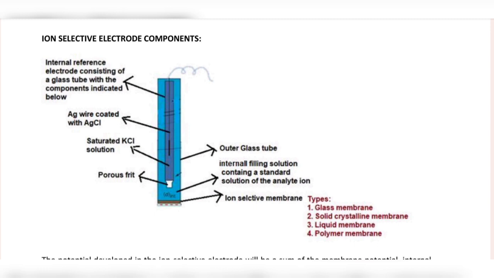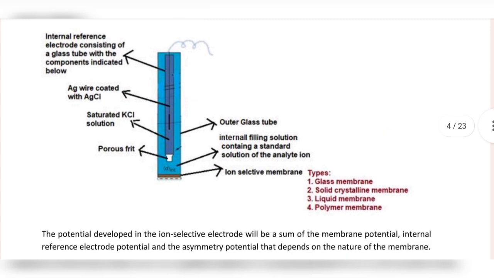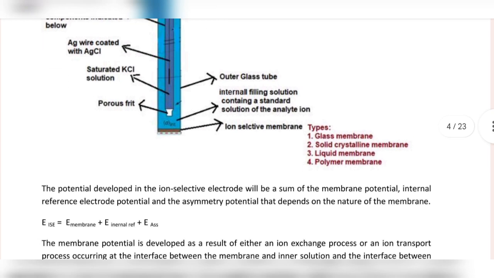If the ion selective membrane is made up of glass, that type of electrode is called a glass membrane ion selective electrode. If it is solid crystalline type, it is called a solid crystalline membrane ion selective electrode. Sometimes it is a liquid membrane or a polymer membrane.